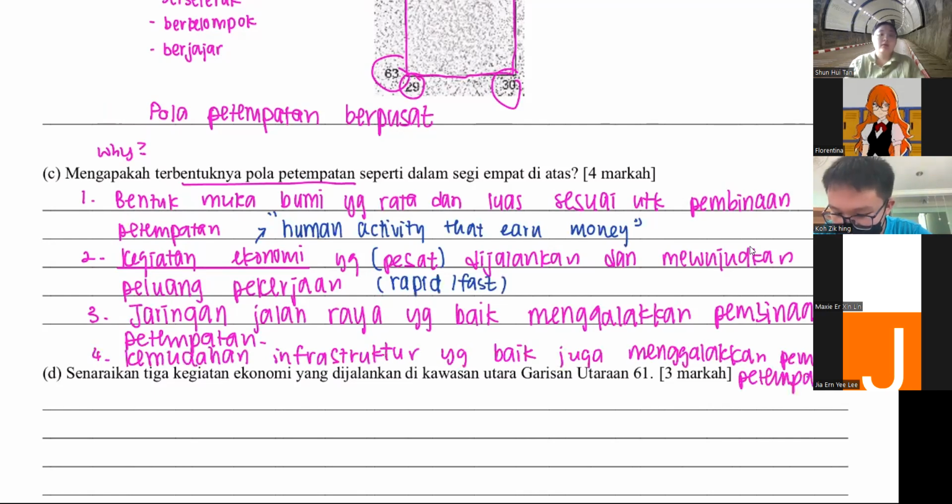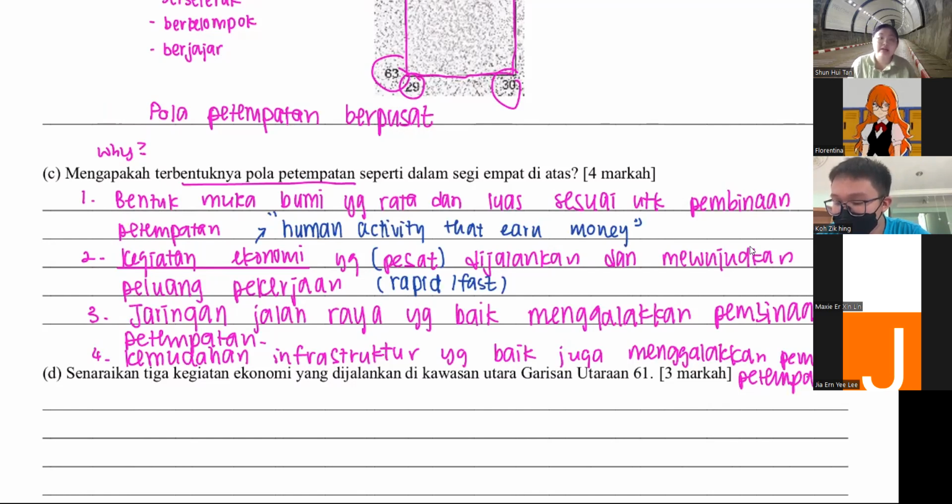Okay, now normally if they ask you pola pertempatan, they will follow up by asking why we have such a pola pertempatan. Most of the time, the exam paper asks about pola pertempatan berpusat, and then they will ask you why berpusat.